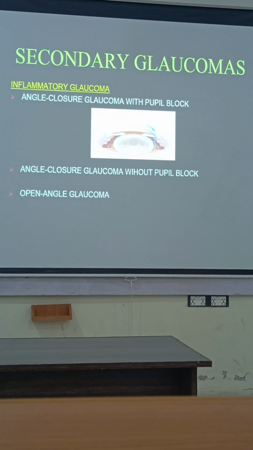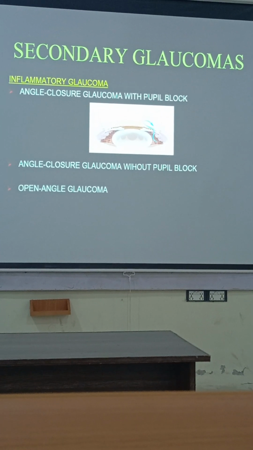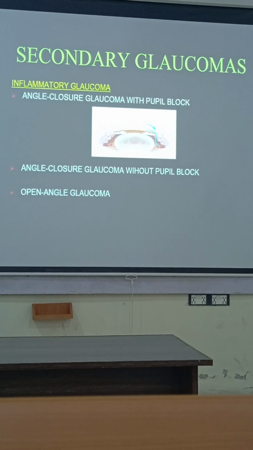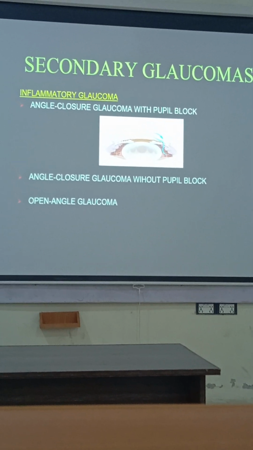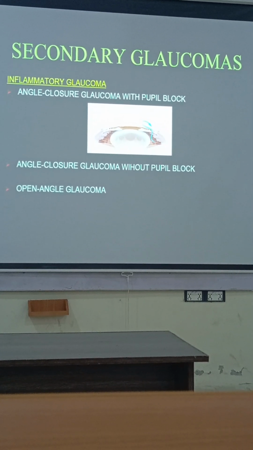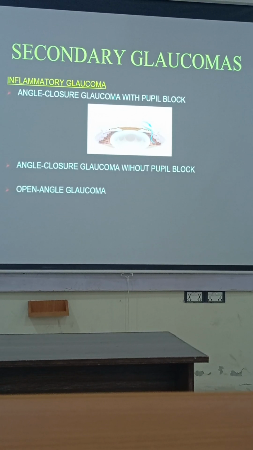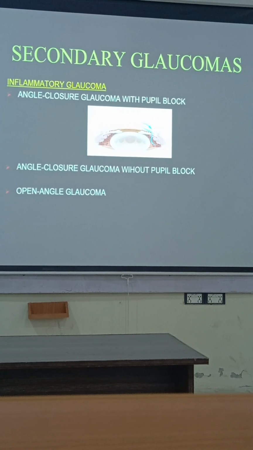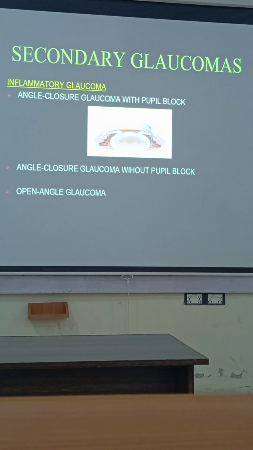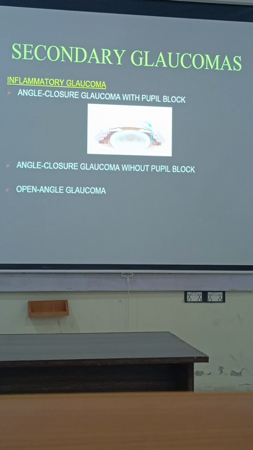They may go and get stuck on the angle, right? Angle will not be closed, but there will be a hurdle for the aqueous humor to drain out, so the intraocular pressure will rise. It will be called secondary open angle glaucoma because of uveitis.